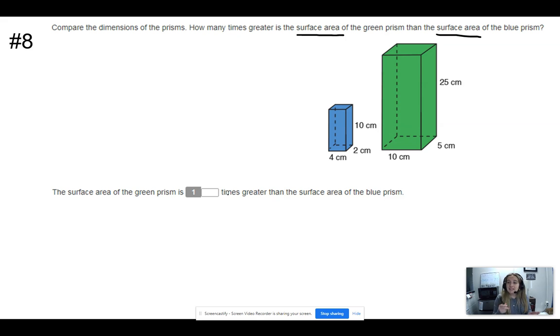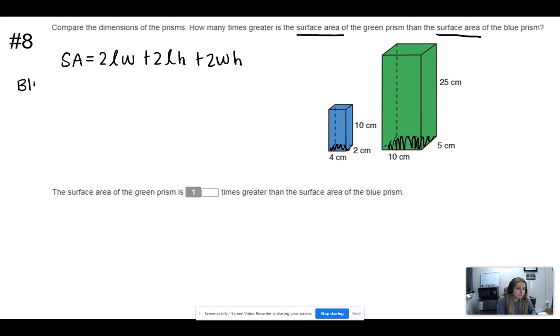Okay, so again, these are rectangular prisms, and I know that because I look at the base, and I know that the base is a rectangle. So let's write down the surface area formula for a rectangular prism. That is 2 times L times W plus 2 times L times H plus 2 times W times H. Let's find the blue one first.